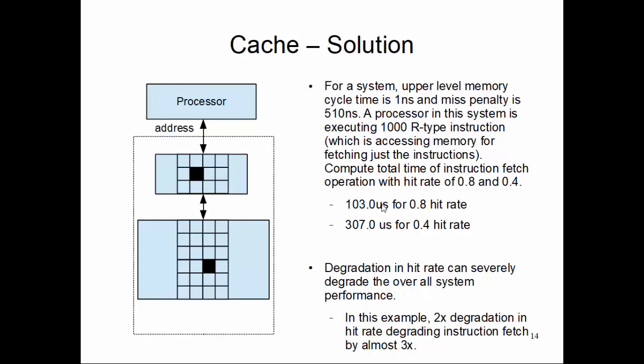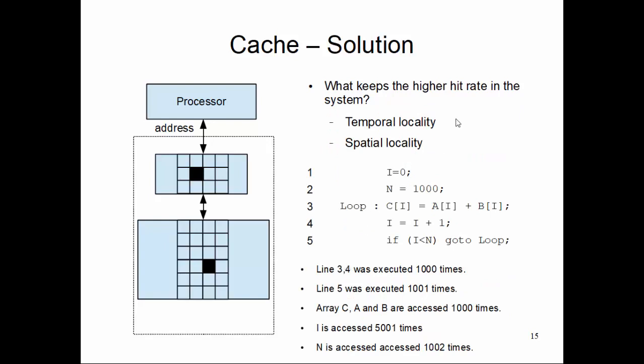So it is very, very costly. That's why our target is to keep a high hit rate in this system. So 80%, 90%, 95%, as high as possible. That's our goal. But how is it possible?